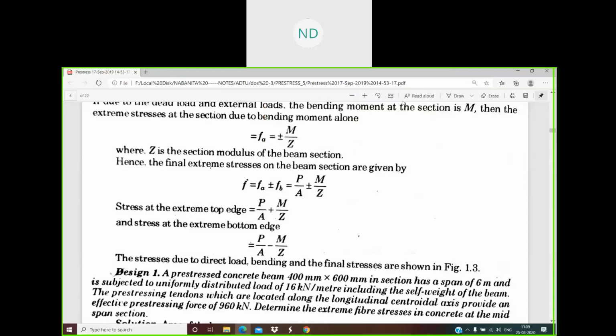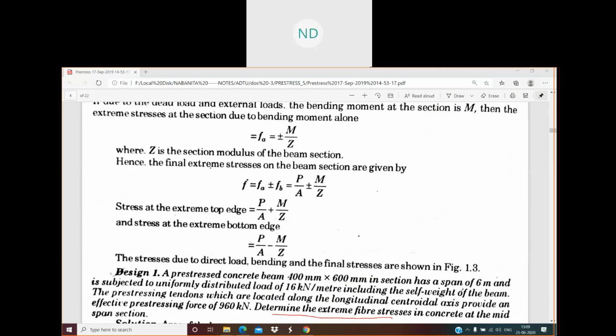See, this was your particular question. We need to find out here. I already gave you in the last class all the diagrams for this particular question. It is asked to determine the extreme fiber stresses in concrete at the midspan section.